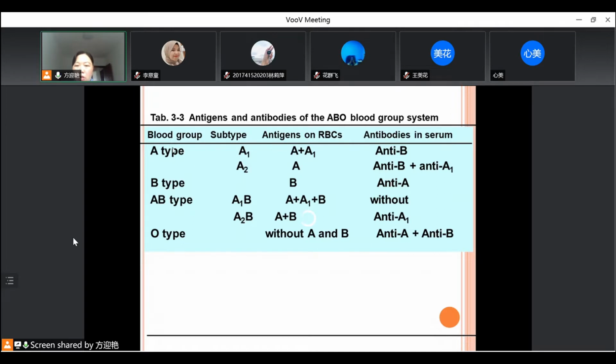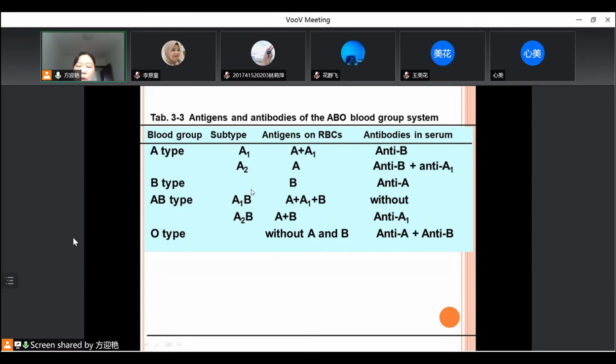It means that if the red blood cell is type A, with A antigens, then in the plasma there are anti-B antibodies. And if it is type B, the antigens on the red blood cell membrane are B, and in the plasma the antibody is anti-A.